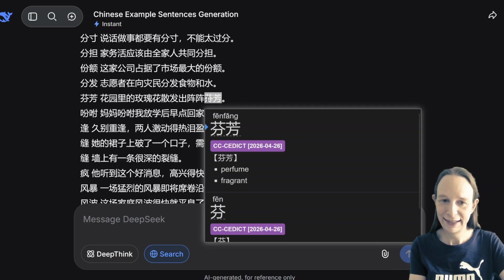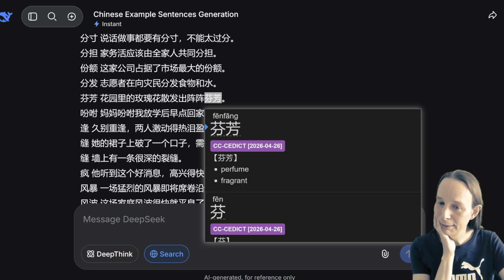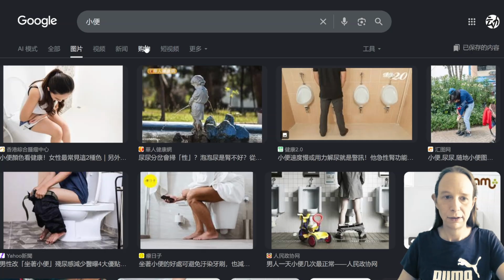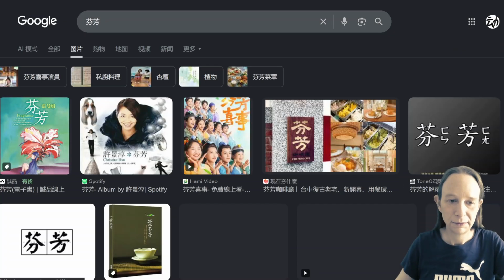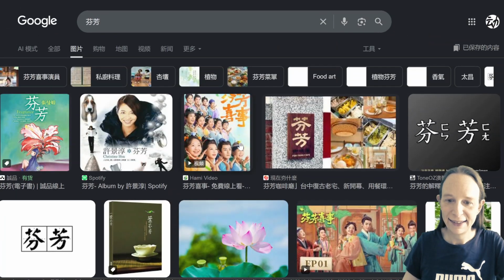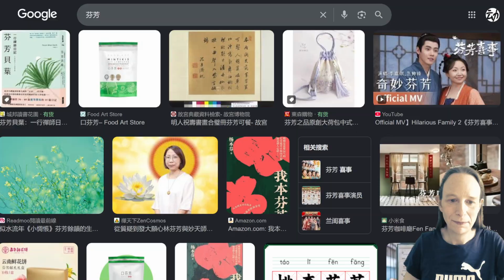Perfume, fragrance. Yeah, but usually for plants, I believe. All right. I think usually plants, but it might be more general.